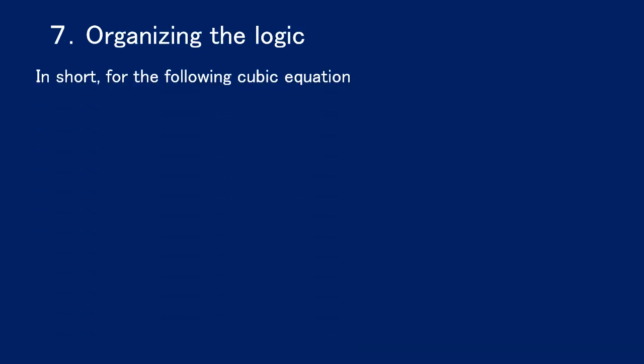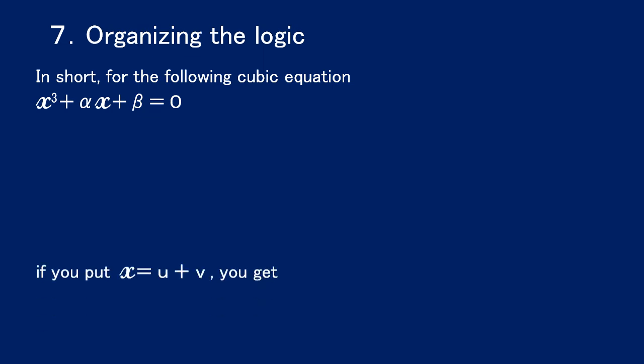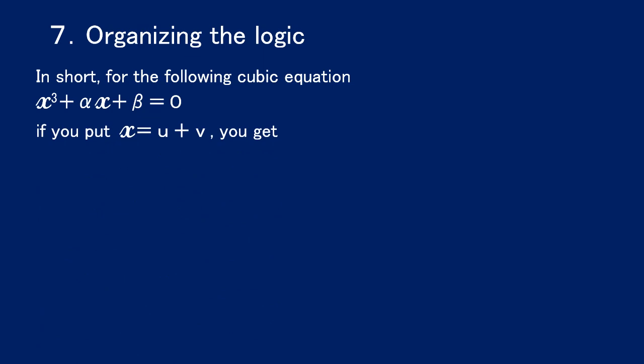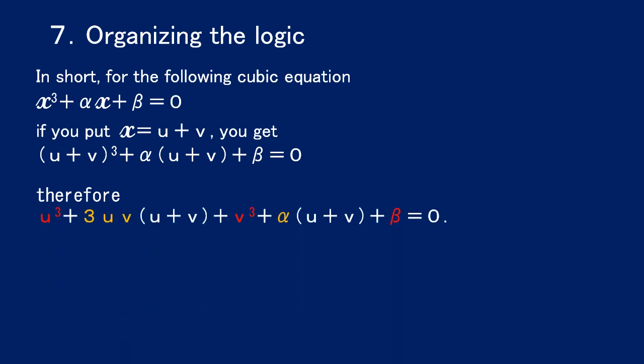In short, for the following cubic equation, x cubed plus alpha x plus beta equals 0, if you put x equals u plus v, you get (u plus v) cubed plus alpha (u plus v) plus beta equals 0. Therefore, u cubed plus 3uv(u plus v) plus v cubed plus alpha (u plus v) plus beta equals 0.